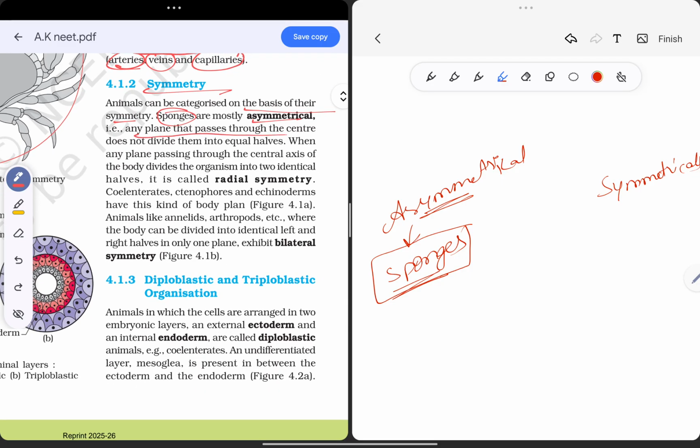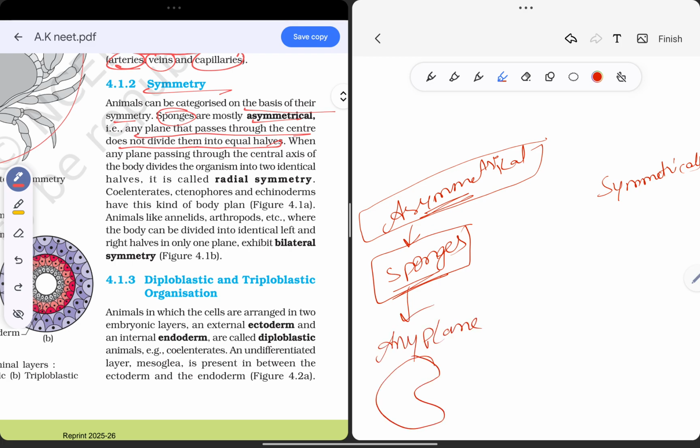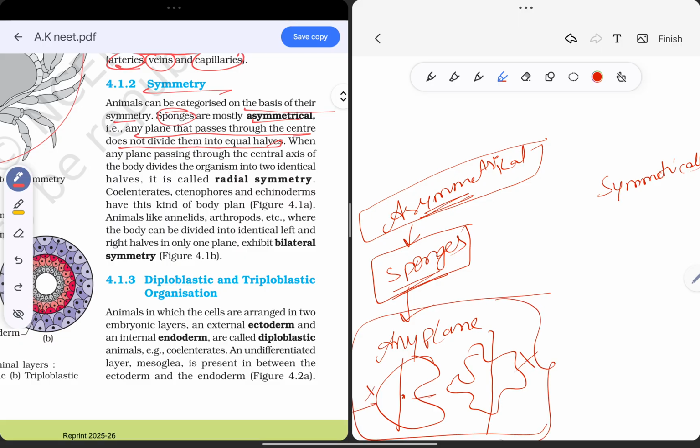Any plane that passes through the center does not divide them into two equal halves, as the body is asymmetrical, without a definite shape. It cannot be divided into two equal halves in the case of asymmetrical animals like sponges.